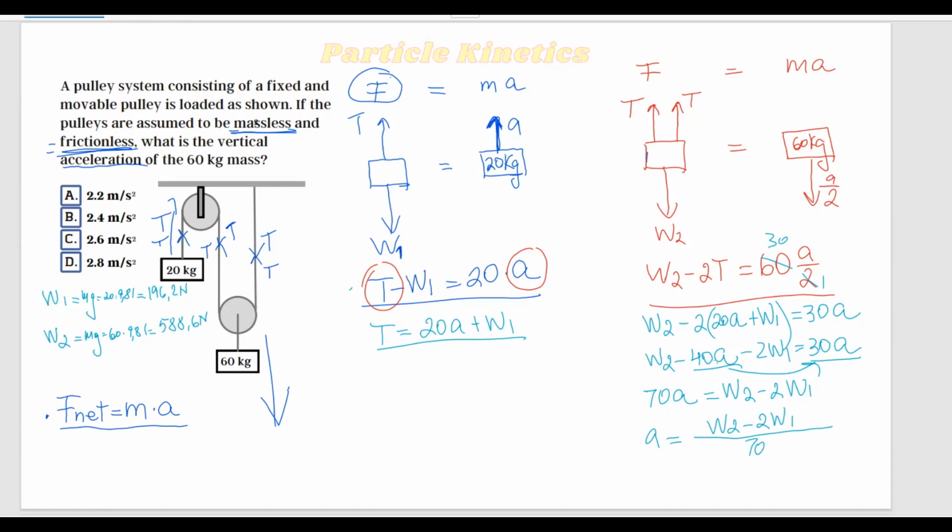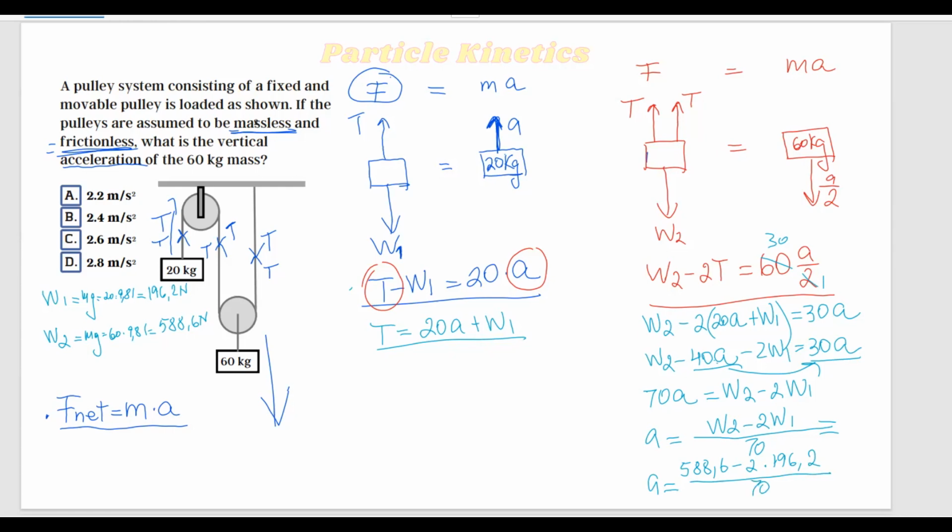Now let's go ahead and substitute here. A is equal to W2, which is 588.6, minus 2 multiplied by 196.2, divided by 70.